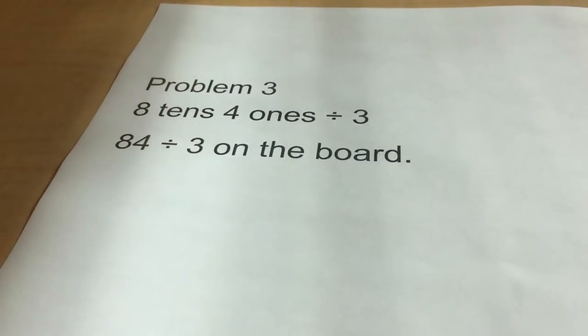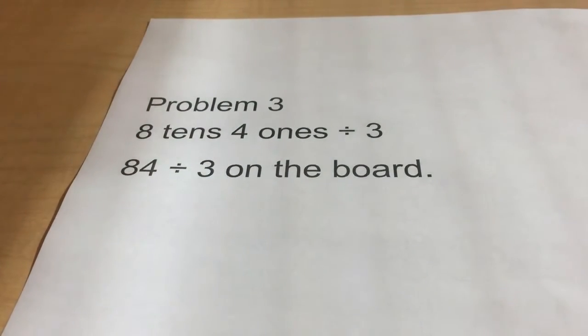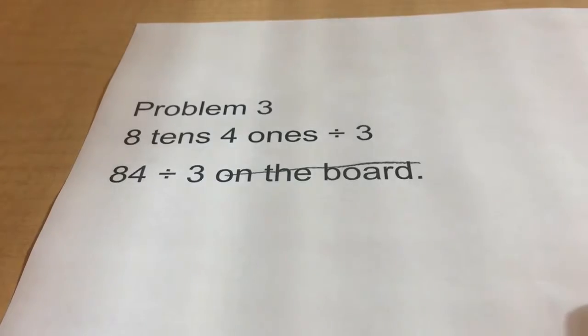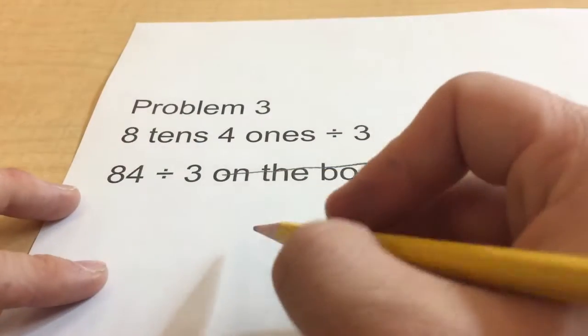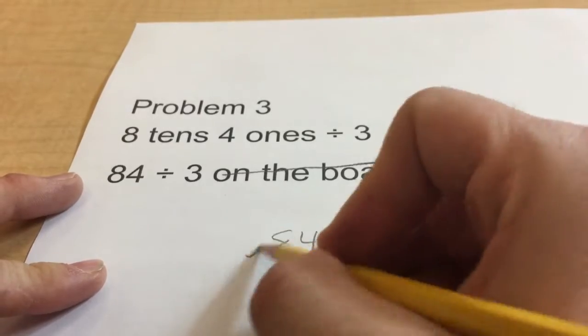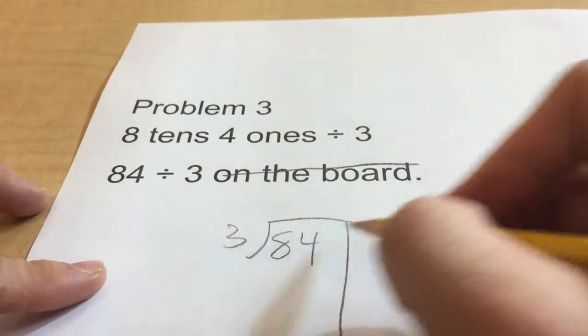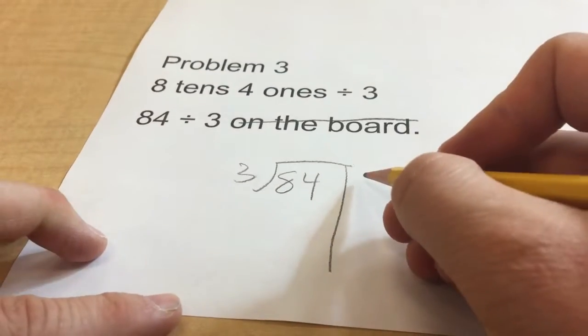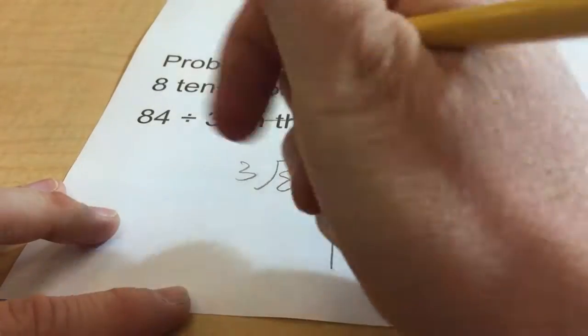Last one. Go for it. 8 tens and 4 ones divided by 3. And then 84 divided by 3 on the board. It's just 84 divided by 3. Let's do it this way. 84 divided by 3. Well, I got 3 groups. What can I put in each group? I'm going to say 20, because 20, 40, 60.